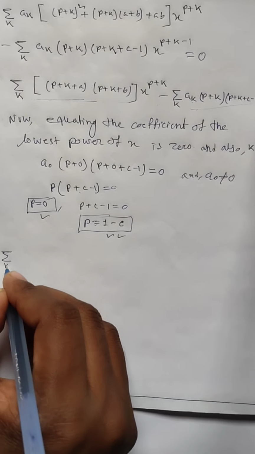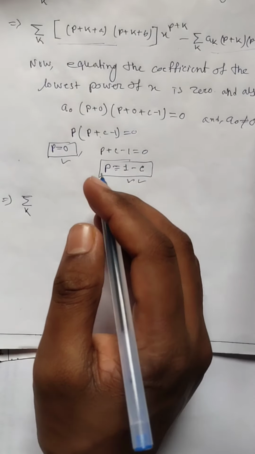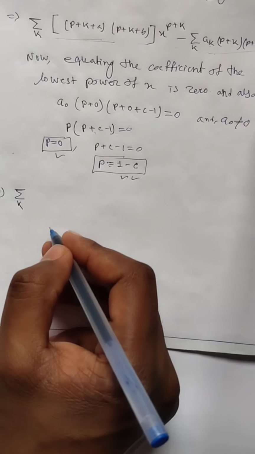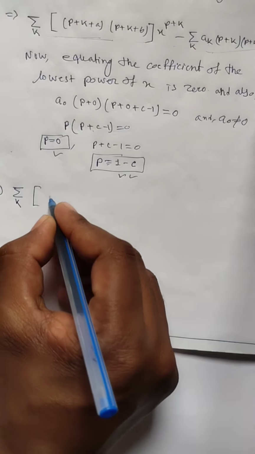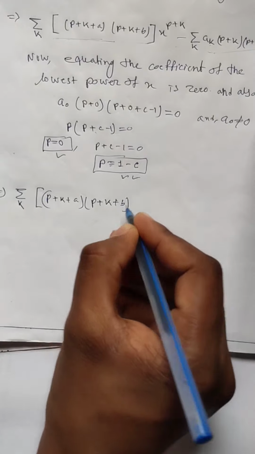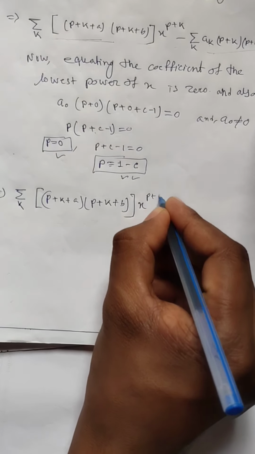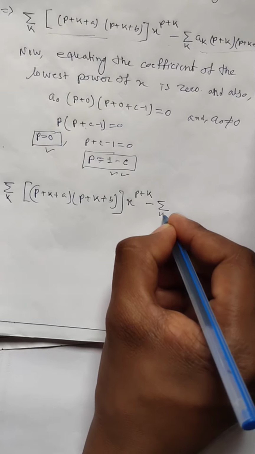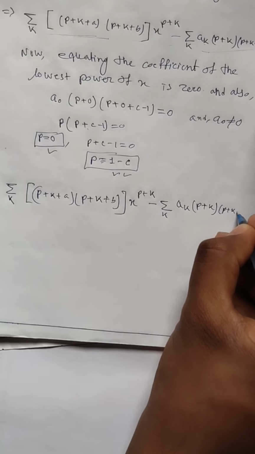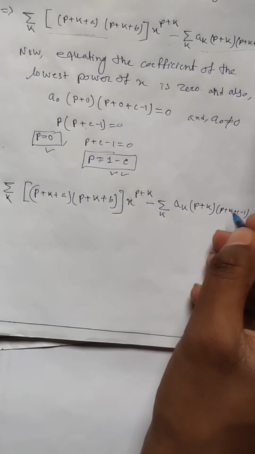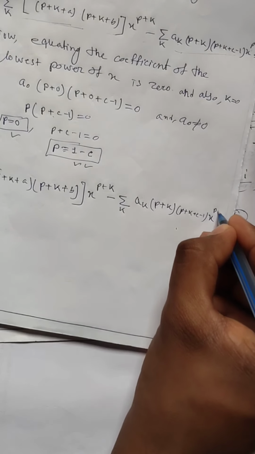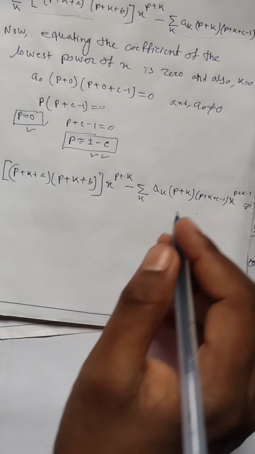Now k, (p plus k plus a) and (p plus k plus b) x to the power p plus k, and k (p plus k) plus c minus 1 into x to the power p plus k minus 1, equals 0.